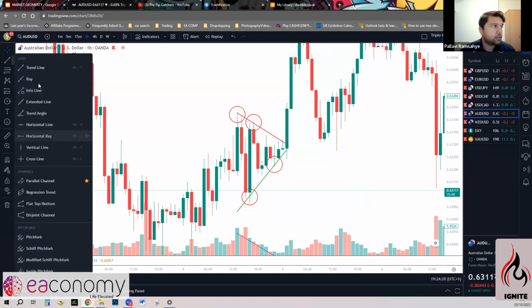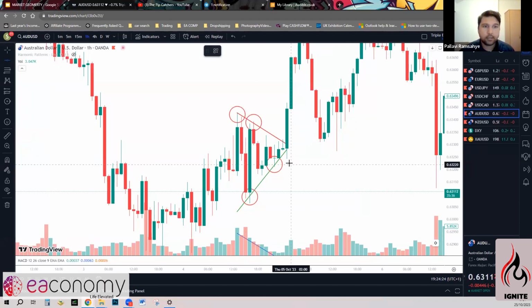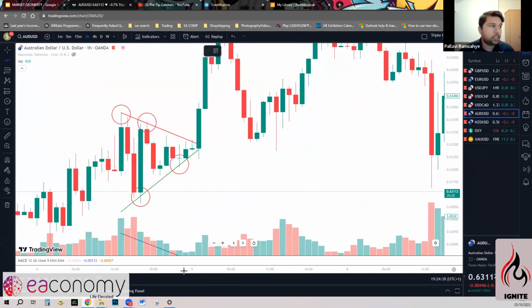Let's have a look. So let's grab the horizontal line. So we're actually popping the stop loss under the previous support, okay? So under this support line.